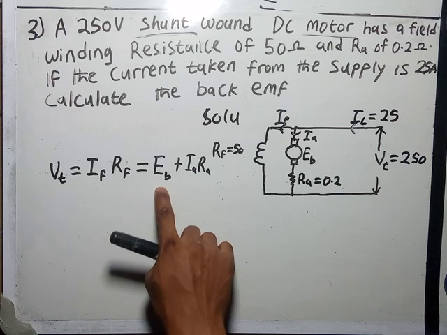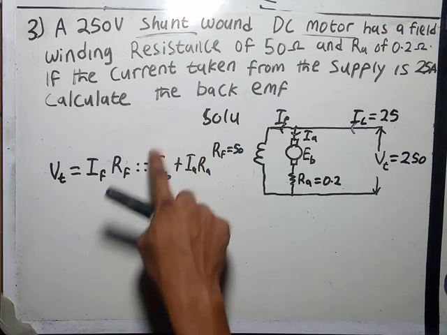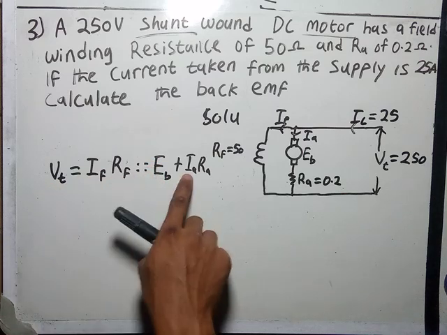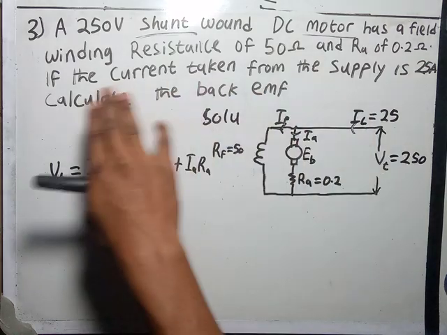We can't use this formula since we don't know what IA is. It wasn't given in the question.